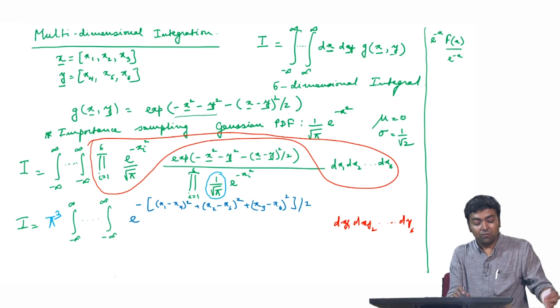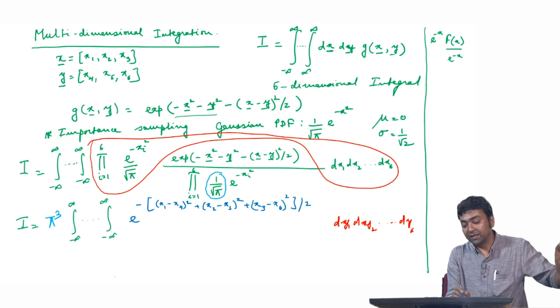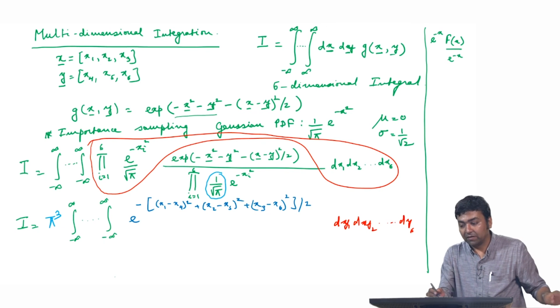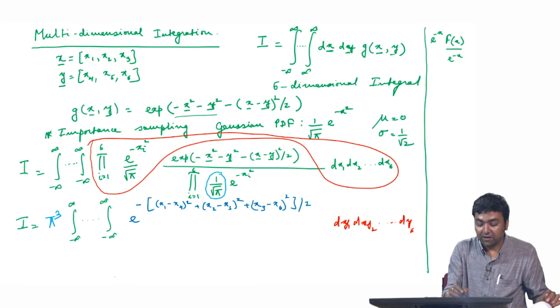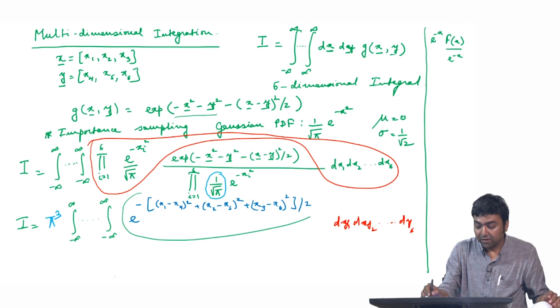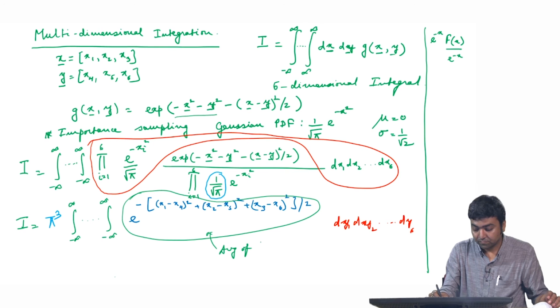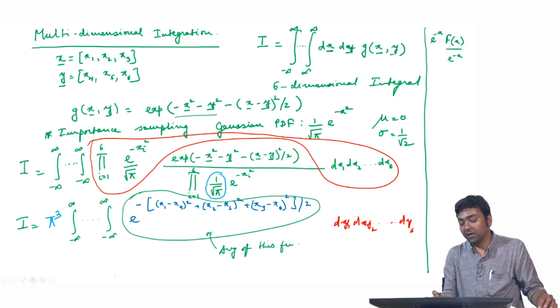Now, what we need to do is generate the random numbers with the Gaussian distribution and find out the average of this one. That will give me the integral.